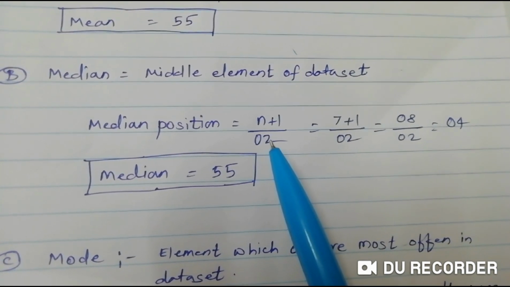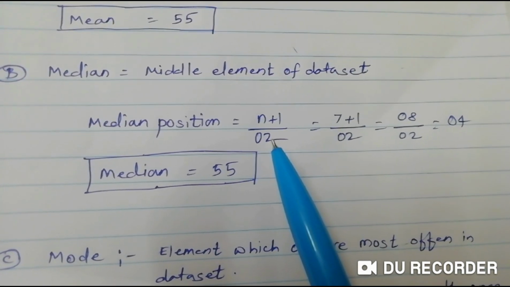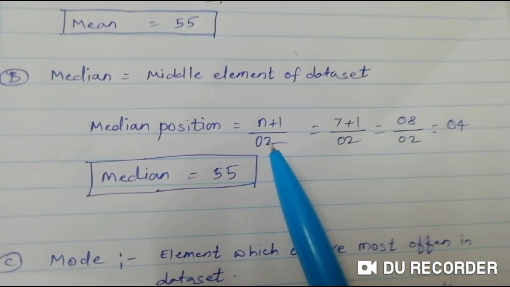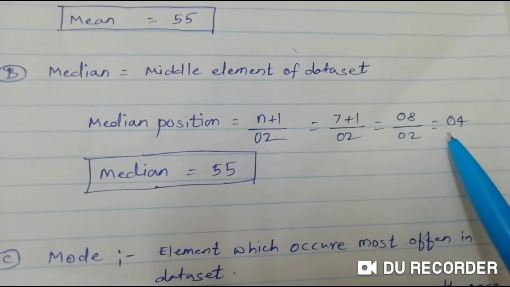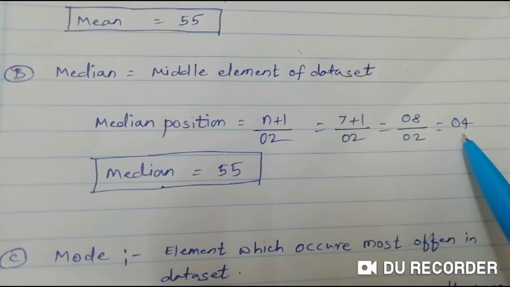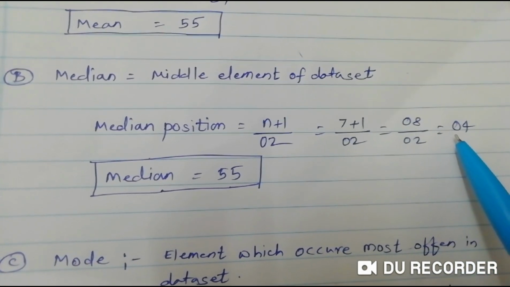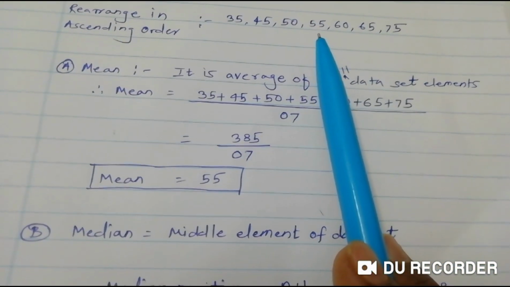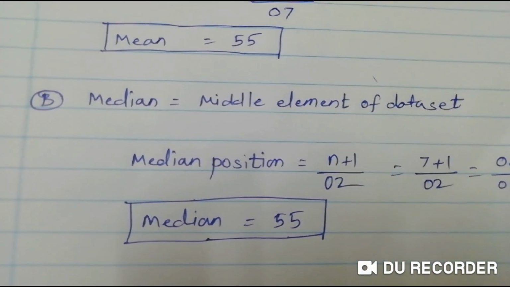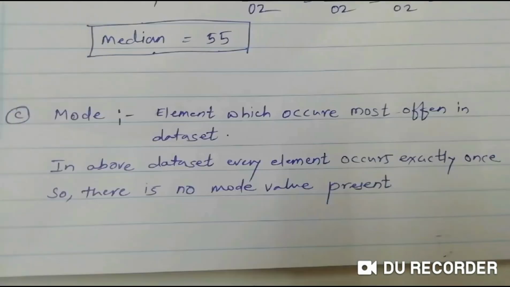If our data set is very large we can go through this formula. If the data set is small we can calculate visually also. So here we have calculated that the fourth position is our middle position and on that fourth position the element 55 is present. So we have written median as 55.